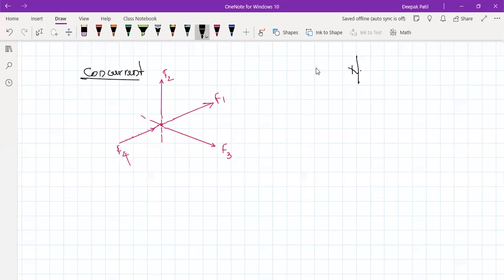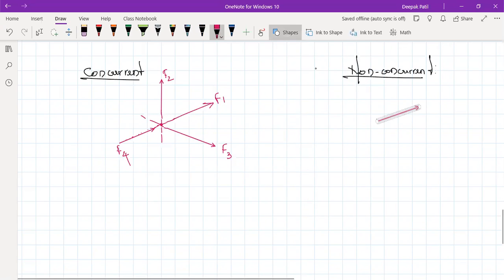Now there is another force system which is called non-concurrent. So what could that be? I can say that when the line of action of each and every force is not passing through a common point, then such a system of forces is called a non-concurrent force system. Let me give you an example also.